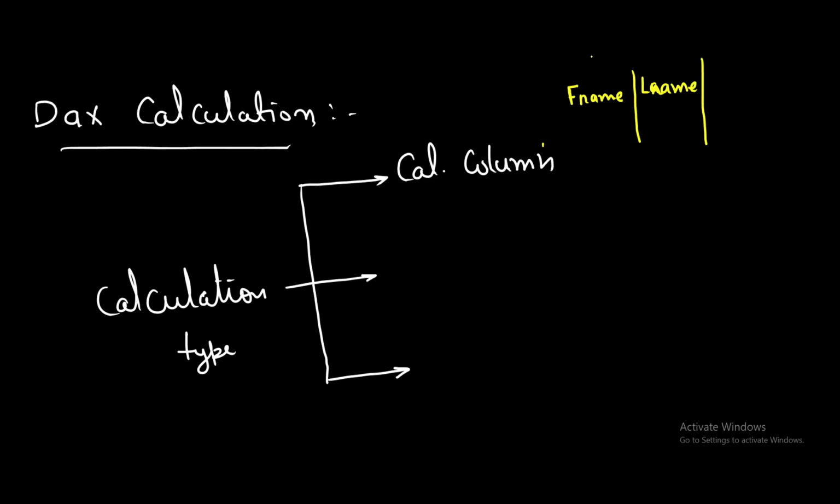This data is already in my table, and with its help I'm developing a new column which contains first name and last name. That is my calculated column. Got it? Any doubt?